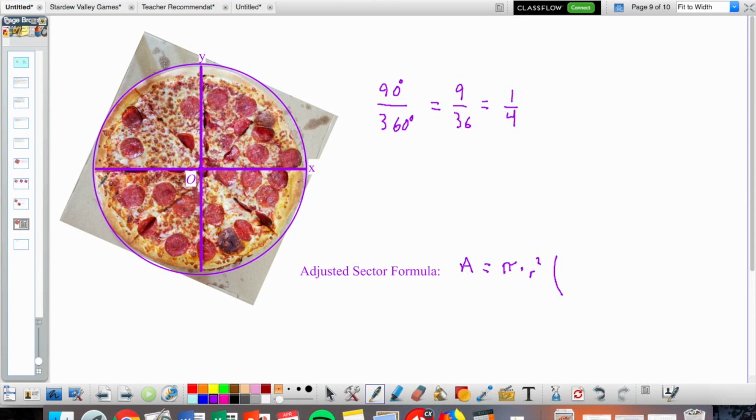All circles have 360 degrees, so we just need to come up with a variable for the slice that you're looking for, the piece that you've cut out. So I usually use theta. I prefer theta. For this one, though, I'll leave it as m for measure. It doesn't matter what variable we use.